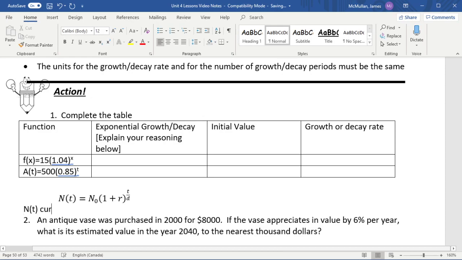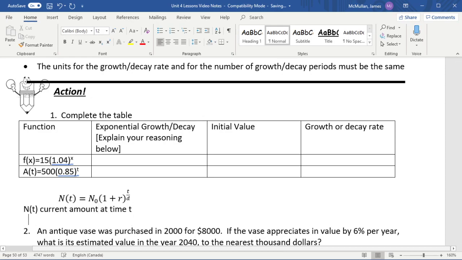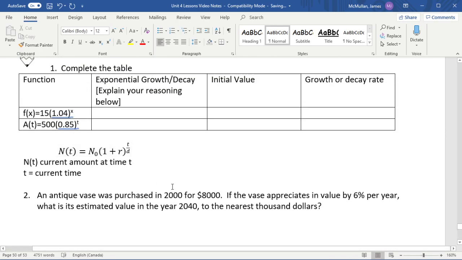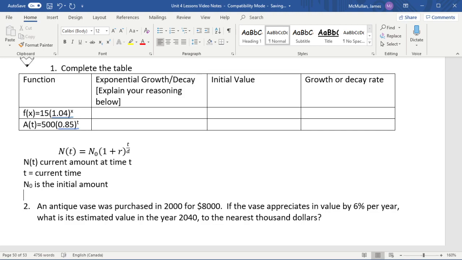N of t is the current amount at time t. t equals the current time, so whatever, 6 days later, 20 years later. N0 is the initial amount, so whatever you started with, or what was there at time 0. r equals the growth rate as a decimal.